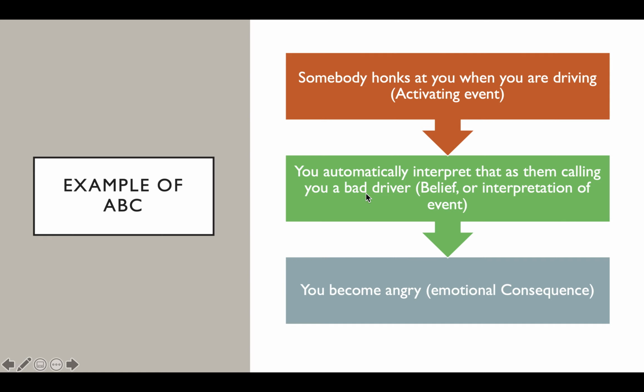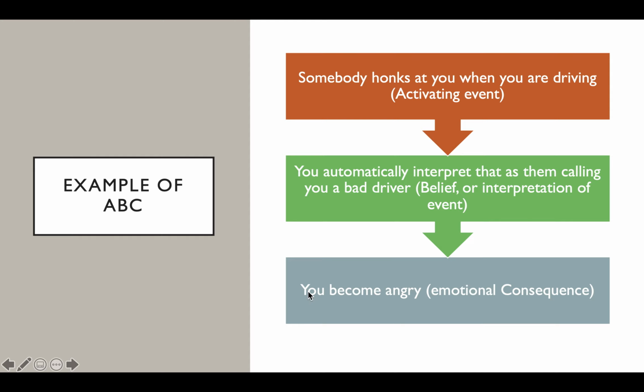Let's think about another way of looking at it, though. Again, same event, somebody honks at you, you just get out of their way and let them go, and you tell yourself, oh, they must be in a hurry, they might be late for work, they might be having a bad day. You can imagine that that's going to lead to a very different emotional consequence than becoming angry.